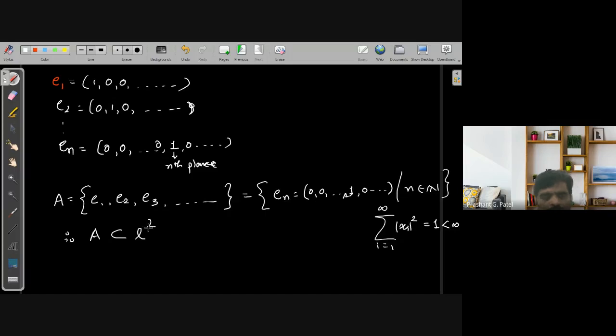So it will be a subset of L2. Now our objective is to prove that A is bounded but it is not totally bounded.